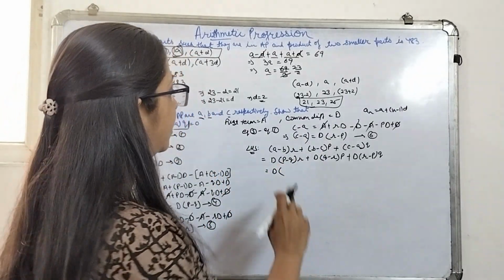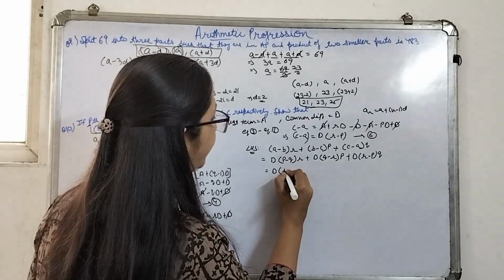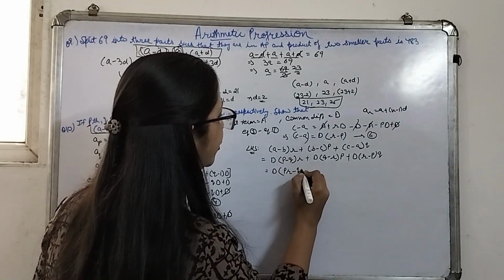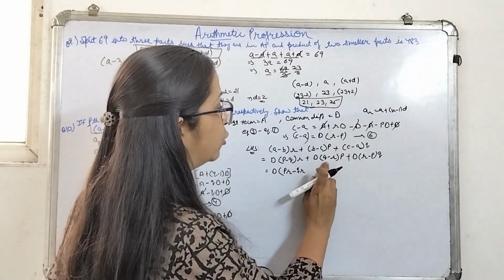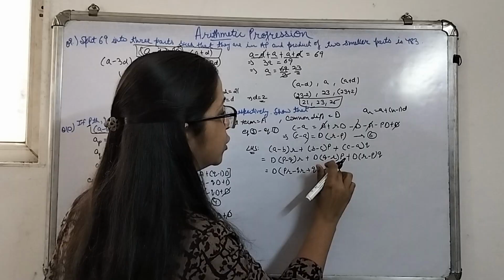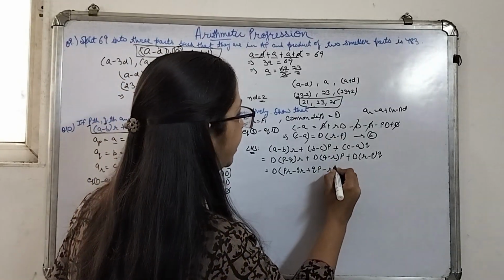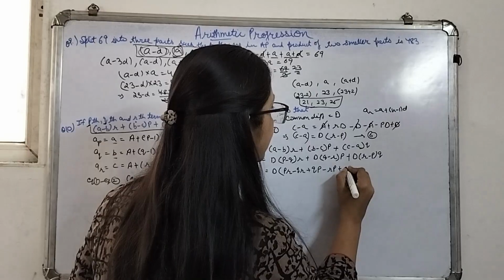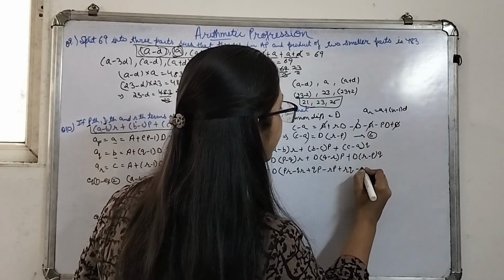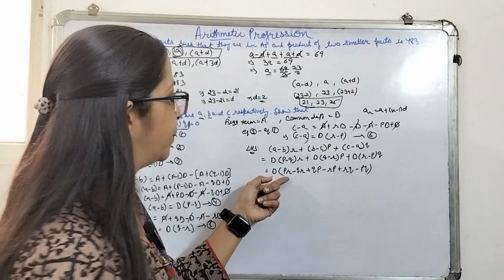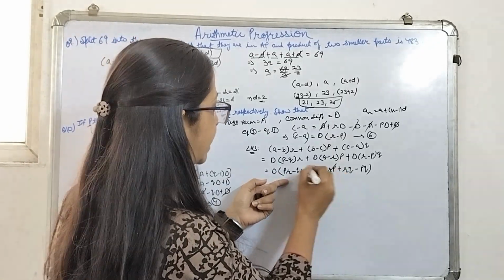Remaining part will be P multiplied by R will be PR, minus Q multiplied by R will be QR. Now here Q multiplied by P will be plus of QP, minus of R multiplied by P. Here it is R multiplied by Q, plus of RQ, minus of PQ. Now see here, it is plus PR, it is minus PR, cancelled.